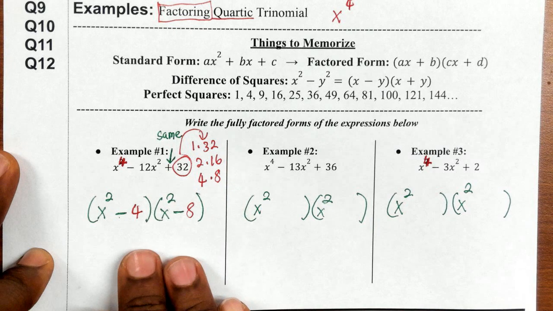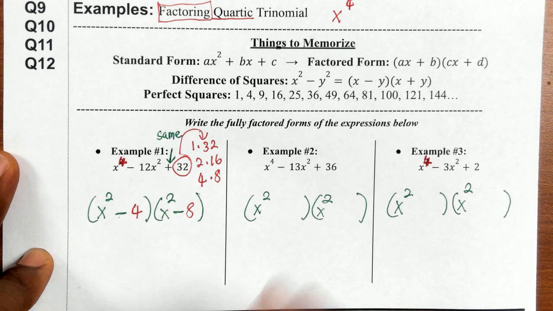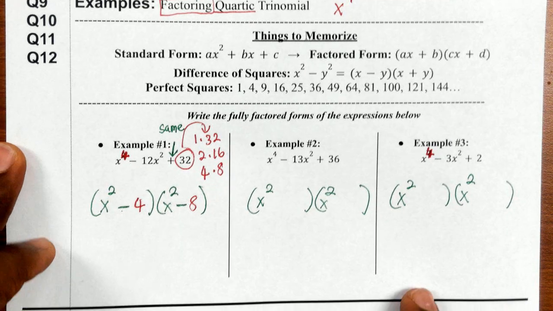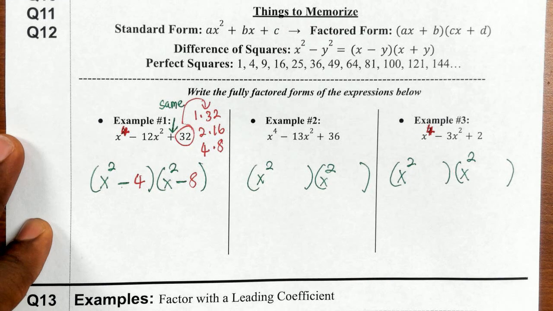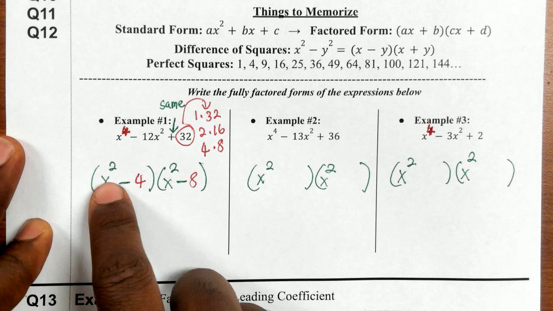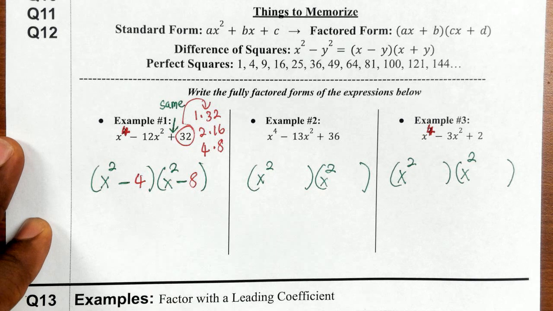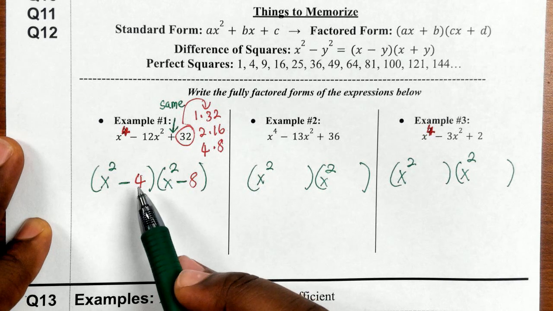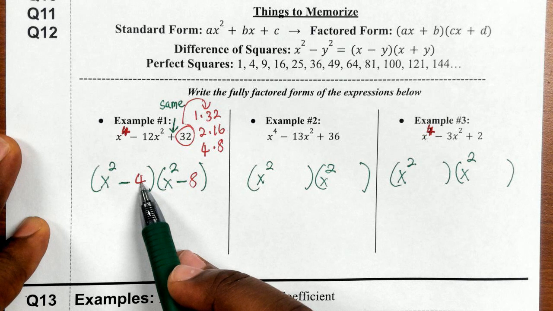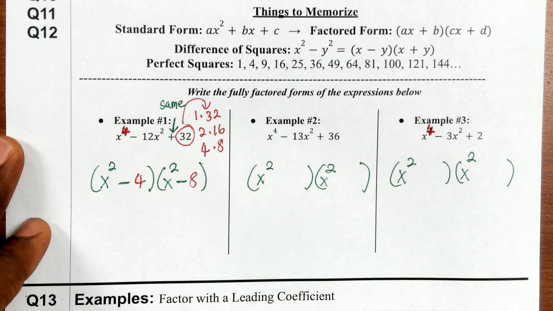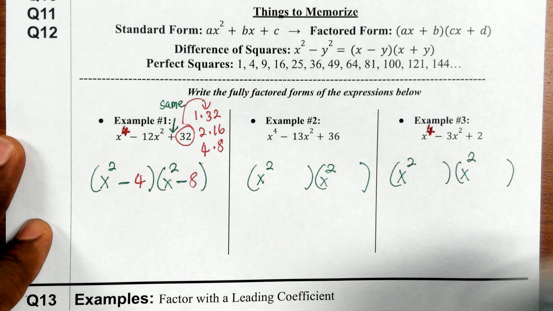However, we can simplify one of these a little bit more. So you're going to look for which one of our factored forms can be simplified a little bit more. The one that can be simplified has to have a square root. So 4 has a square root. 2 multiplied by 2 is 4.